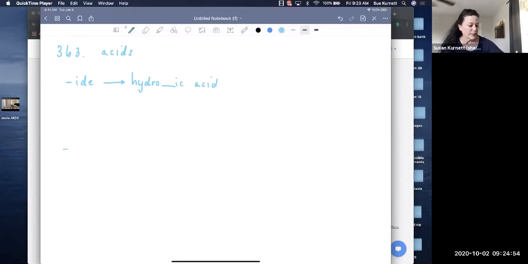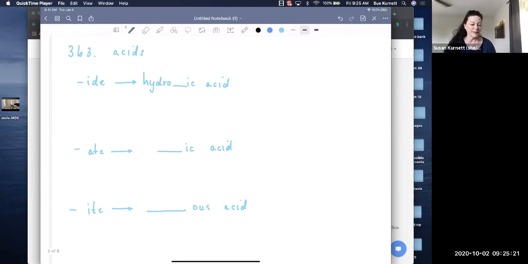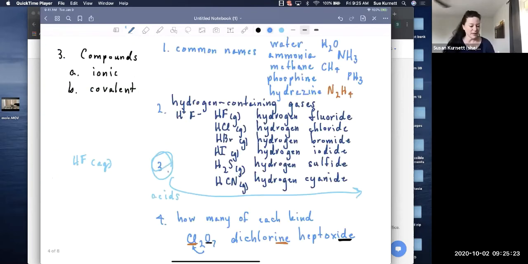There's the acids that come from ates, and those are just ic acids, and that's confusing. Why hydro here and no hydro there? And the answer is it depends on the anion. And the ones that come from ites make ous acids. Okay, so the ides that make hydro-ic acids, there are only 6. Here they are.